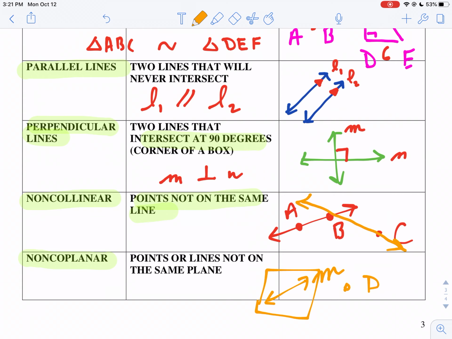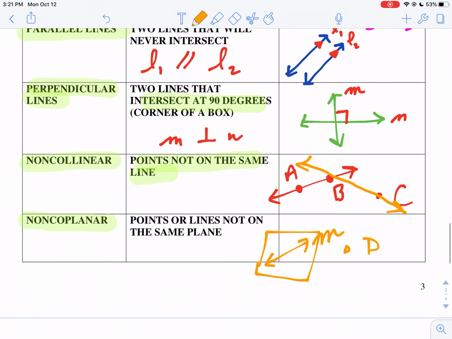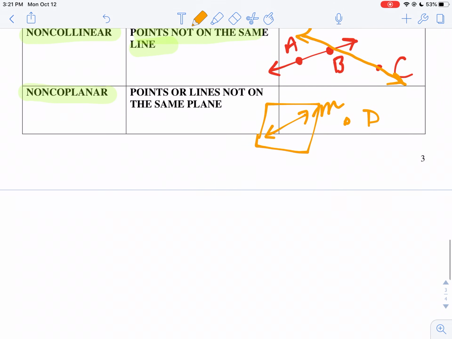All right, so this is what we have in terms of the basic vocabulary words. Again, remember, a point: you need a dot and a capital letter. That's a point. A segment: you need two capital letters and a bar. That's a segment.